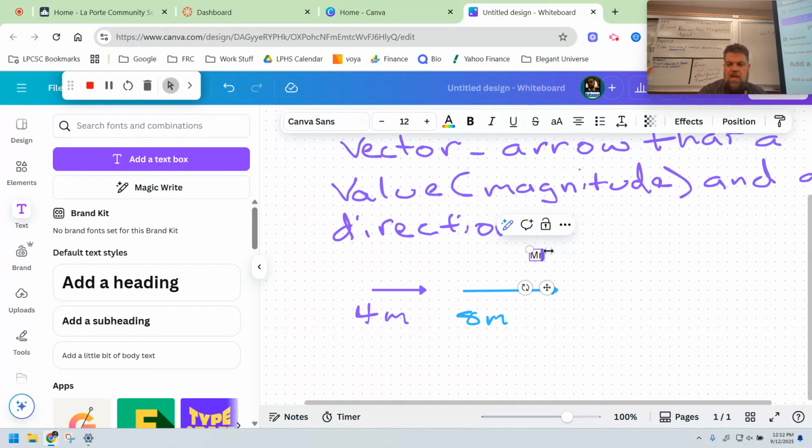So Mr. Adams walks 4 meters and then he walks another 8 meters.